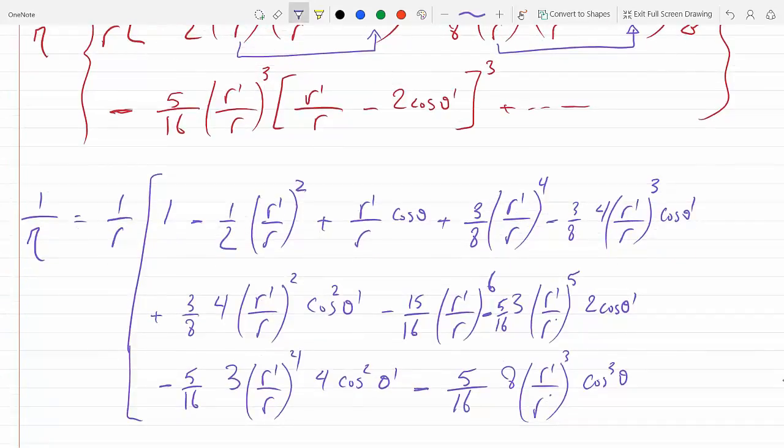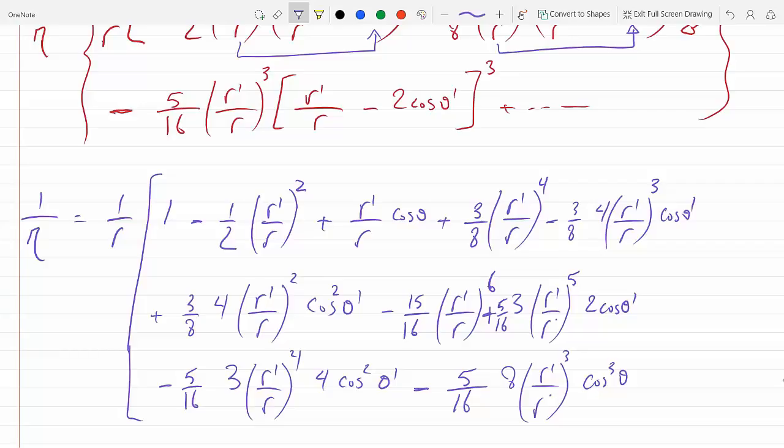Minus 15 over 16, cube the first, yep, and then minus 3 minus 5 over 16, 3 times the first square, which is r prime, okay, that's to the 5, times 2 cosine theta prime, yeah, and then plus, so plus minus, and here minus, oh wait, this becomes a plus here, right?